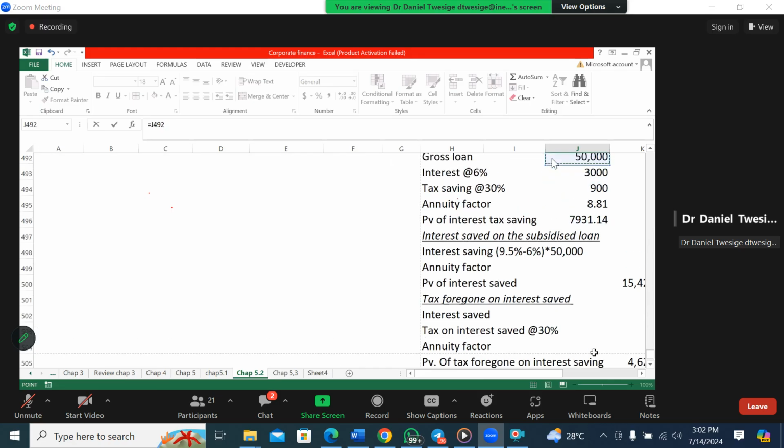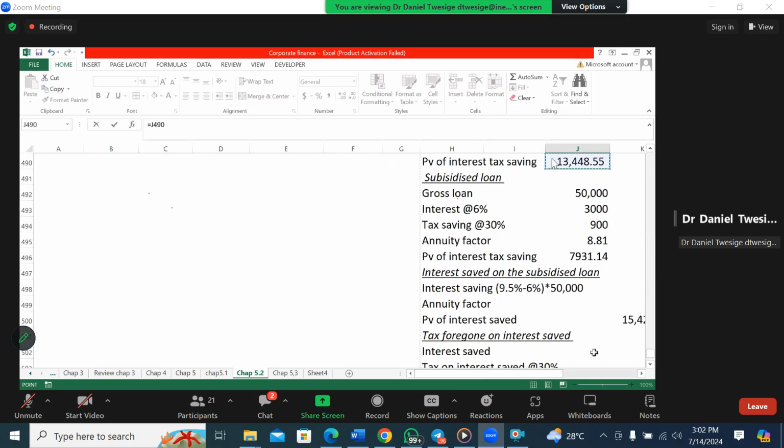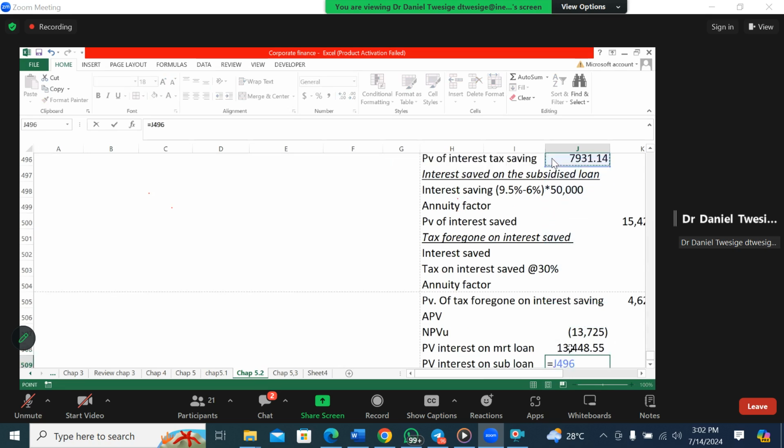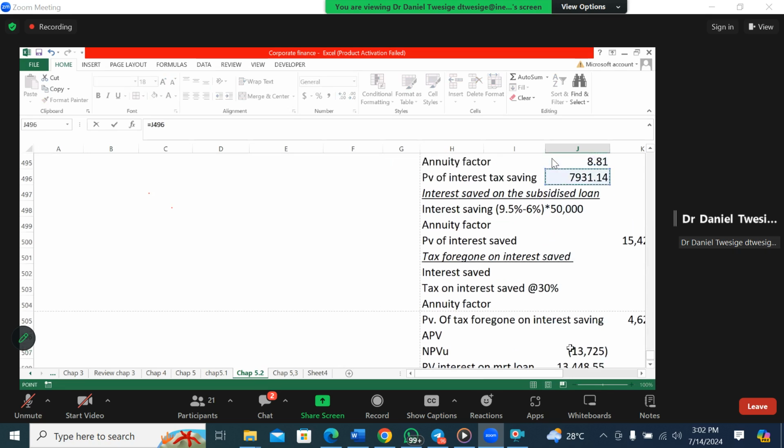See the subsidized. This one, we have a PV interest on subsidized loan, which we calculated as this.